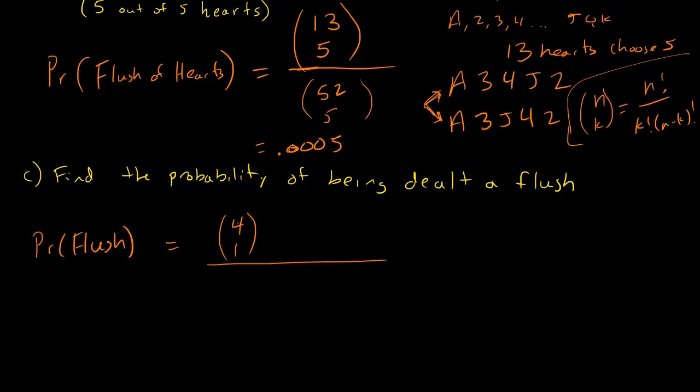You have part 1, where you are choosing your suit, and then you multiply that by part 2, where you're choosing the 5 cards from that suit. Okay? So choose the suit, choose the 5 cards from the suit, and then divide that by 52 choose 5. All right, and then once again, we could use Excel to solve this and figure out what this equals.